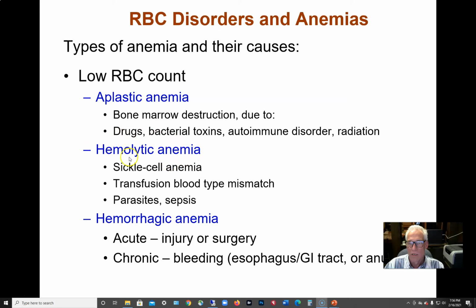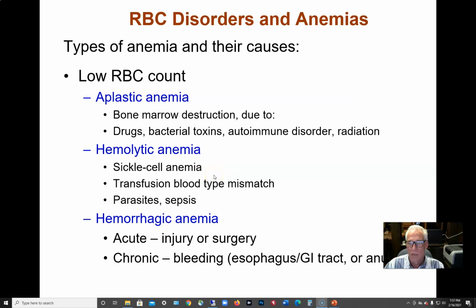Hemolytic anemia. Lysis means breaking of cells, bursting of cells. Hemo, blood cells. Hemolytic anemia is a condition in which too many red blood cells are being destroyed, faster than they can be produced, so you don't have enough red blood cells and enough hemoglobin, not enough oxygen carrying capacity. A transfusion mismatch, putting the wrong blood type into a recipient, will cause massive lysis of red blood cells.